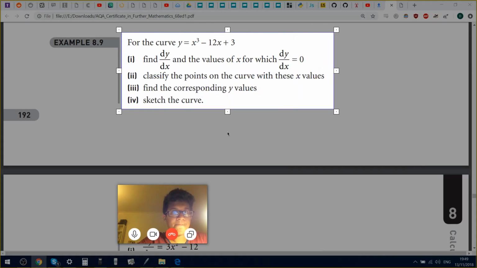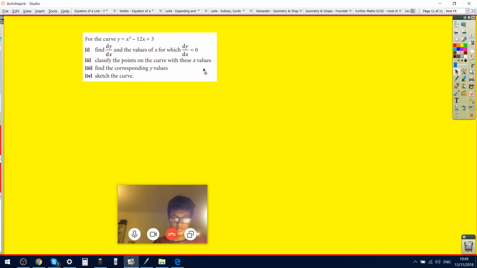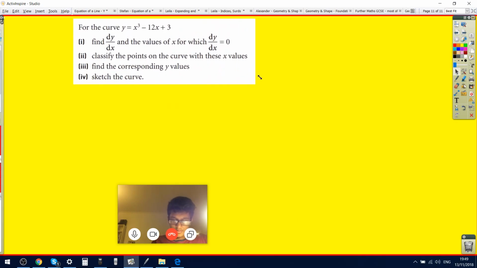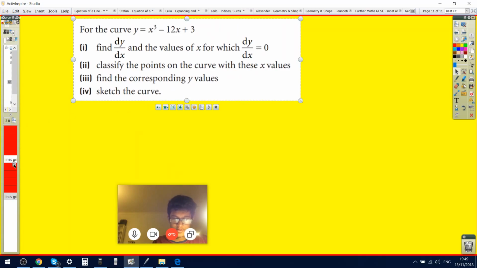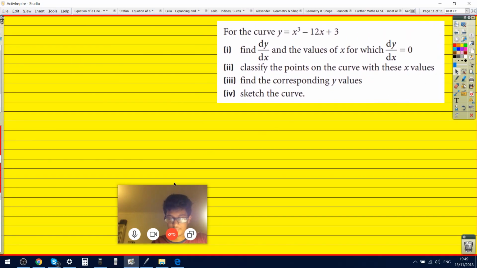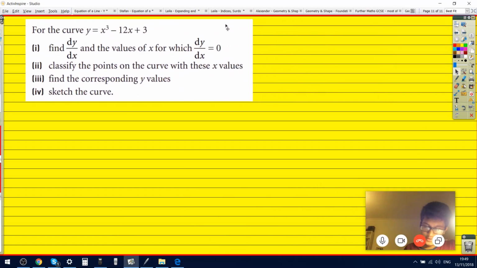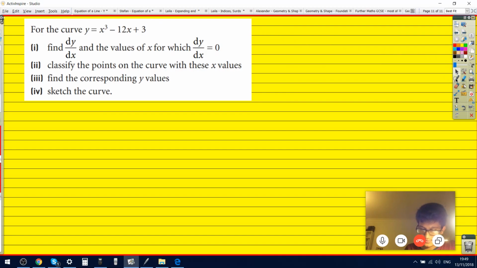Okay, how would we do this? Okay, so y equals x cubed minus 12x plus 3. And then dy by dx is 3x squared minus 12. And that equals 0.